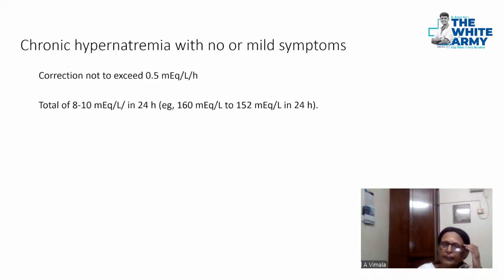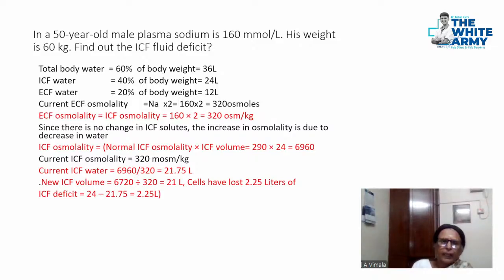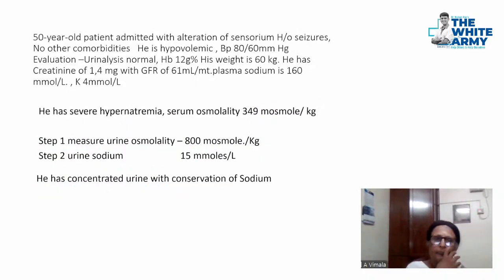So as we said earlier, chronic hypernatremia with no or mild symptoms needs slow correction. So let us see what happens to this patient. This 50-year-old patient is admitted with alteration of sensorium. He gives a history of seizures, no other comorbidities.